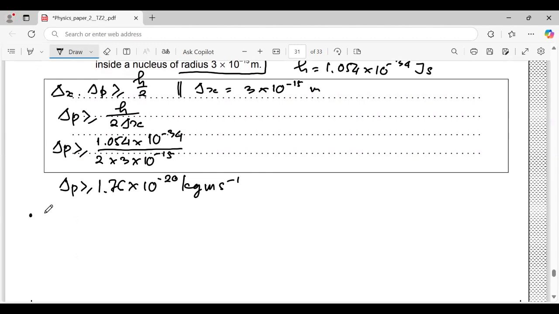The minimum kinetic energy of the neutron is related to momentum.